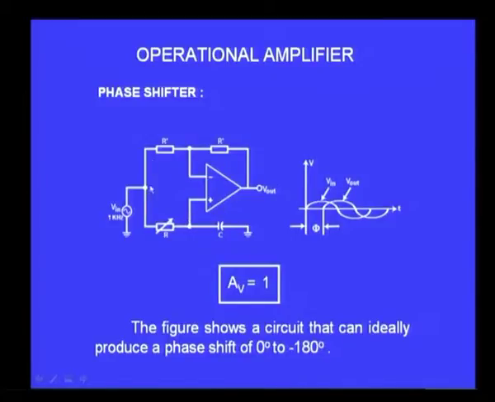When I apply a sine wave input at any finite frequency, you would find the output phase can be varied with reference to the input phase by changing the value of R, with the gain being 1, because R prime and R prime decide the gain, and because they are equal, the gain is only 1. So, the gain is 1 for this configuration, but what is the advantage?